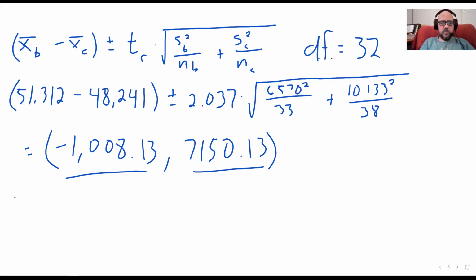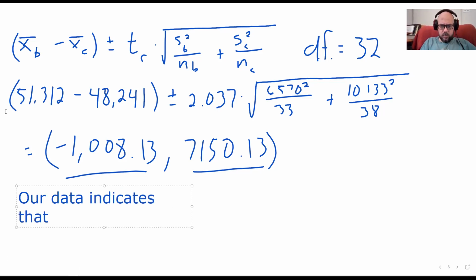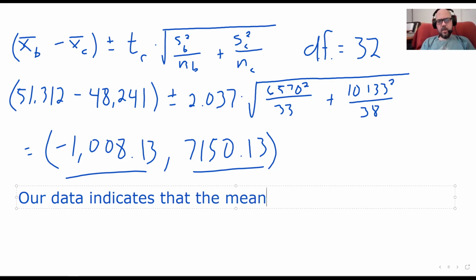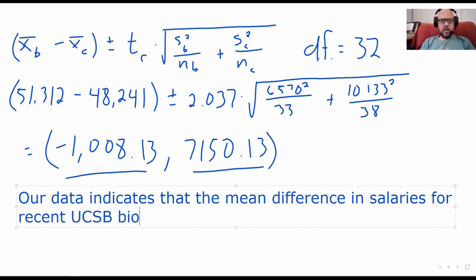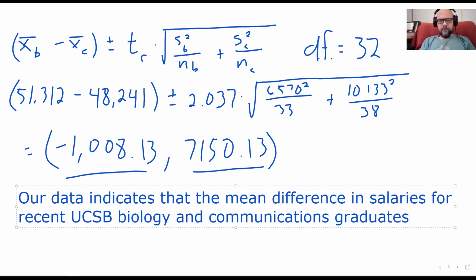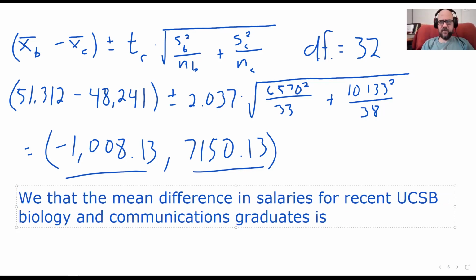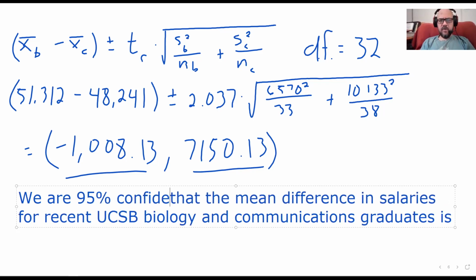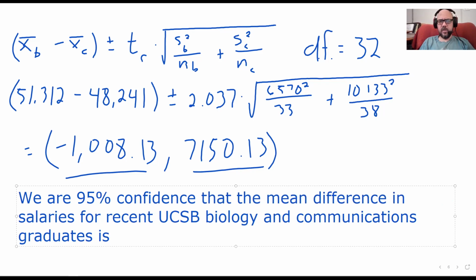Let me write my interpretation. Our data indicates that the mean difference in salaries for recent UCSB biology and communications graduates is... actually, I should say that we're 95% confident, just to get the 95% in there, that the mean difference in salaries for recent UCSB biology and communications graduates is between... how do I want to say this?